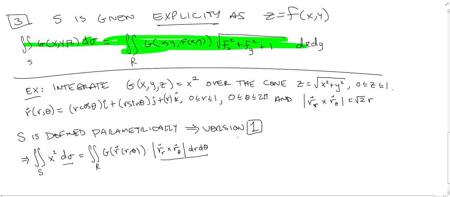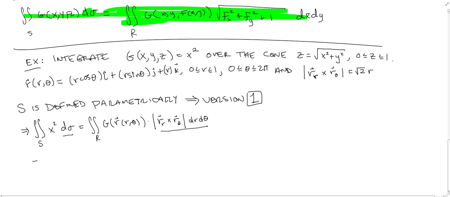All right, so plugging in what we have for this function over the cone, on the outer integral, theta goes from 0 to 2 pi. On the inner integral, r goes from 0 to 1. And then our function is just x squared, but because we're working in terms of r and theta, we're going to say that that's (r cosine theta) squared.